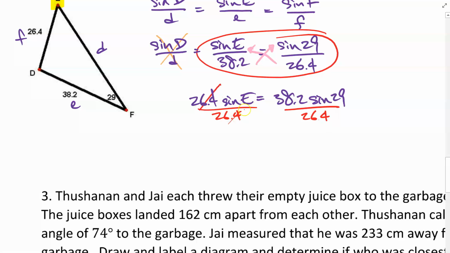But the left side unfortunately still says sine E. We're not looking for sine E, we're looking for E. So we write E is equal to the sine inverse of this whole right side here.